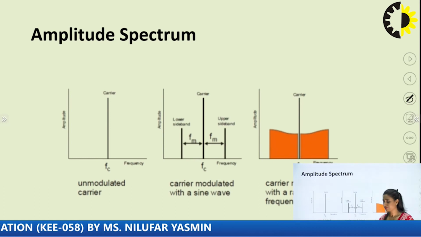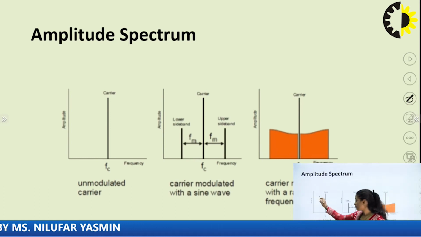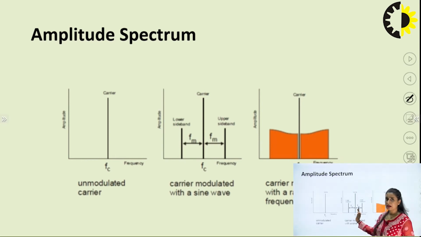Let's see. I represent the amplitude spectrum like this, with respect to frequency, this is my carrier frequency. So, a little lower than the carrier frequency is called the lower sideband, and a little higher than the carrier frequency is called the upper sideband. So, this is how spectrum of my AM looks like.